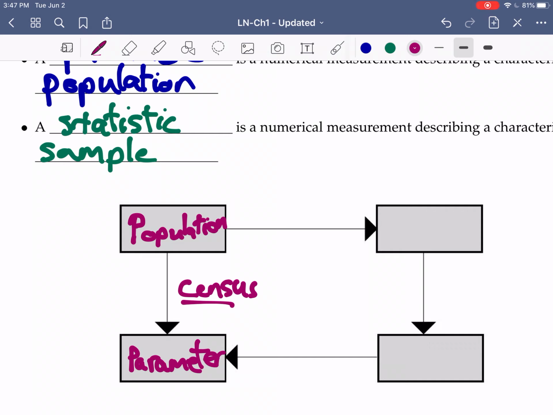Even when we do a census, we don't actually get information from the entire population. We get information from a large portion of the population, but we still miss out on part of the population. Right? You have the homeless population.